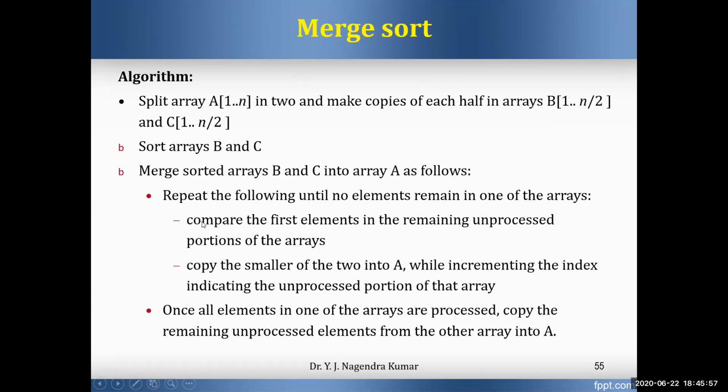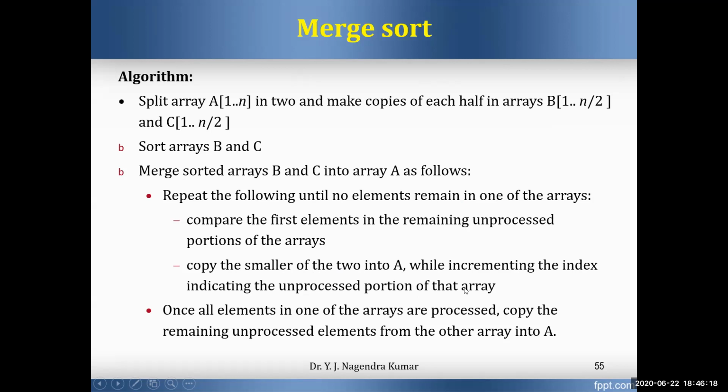We have to repeat these two steps until we do not find any elements in one of the arrays. First you have to compare the elements in the remaining unprocessed portion of the arrays, and then copy the smaller of the two into A while incrementing the index indicating the unprocessed portion of the array.